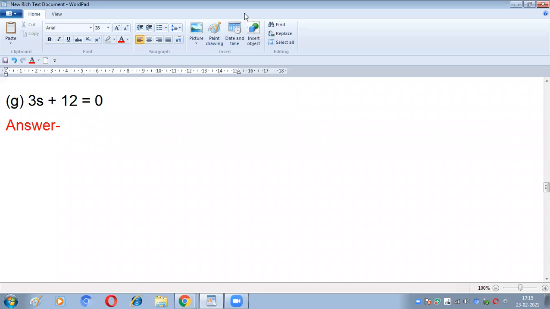Here 3 is having the variable s, and we have to find the value for s only. So 3s plus 12 is equal to 0.